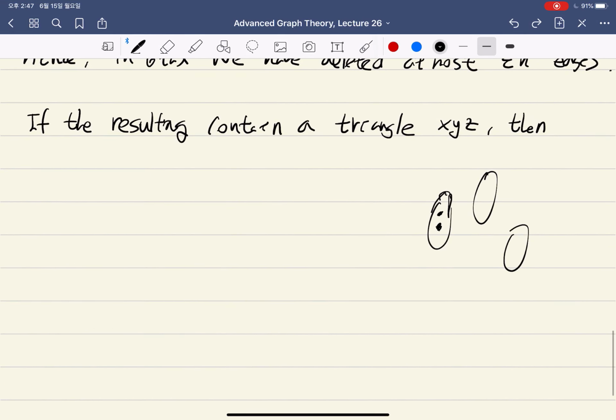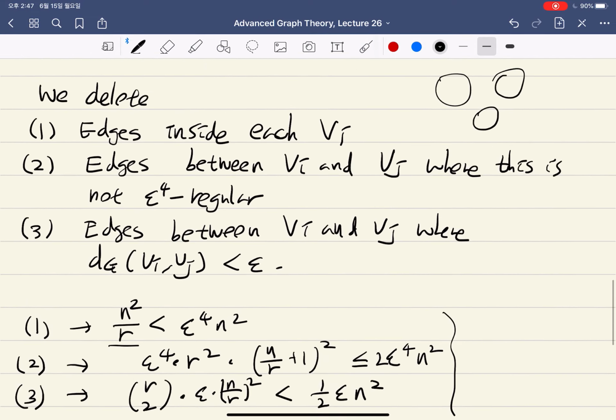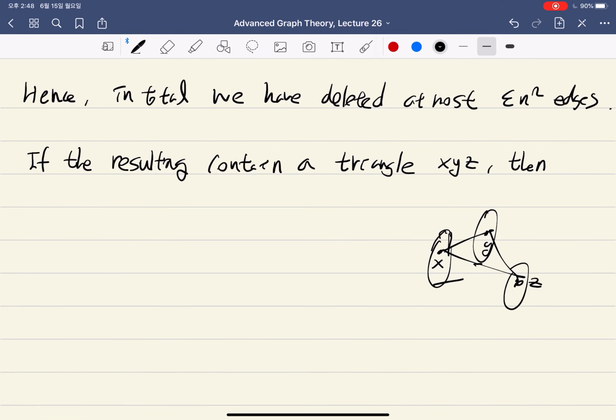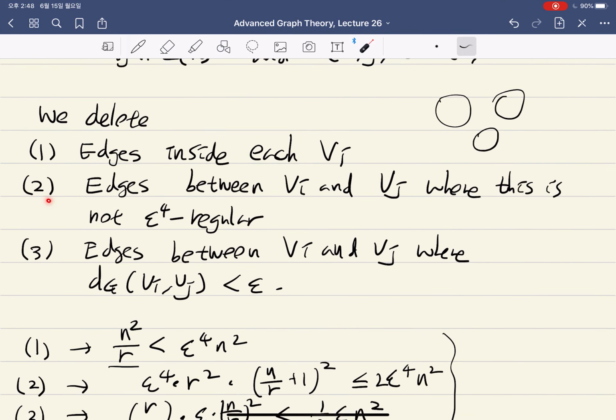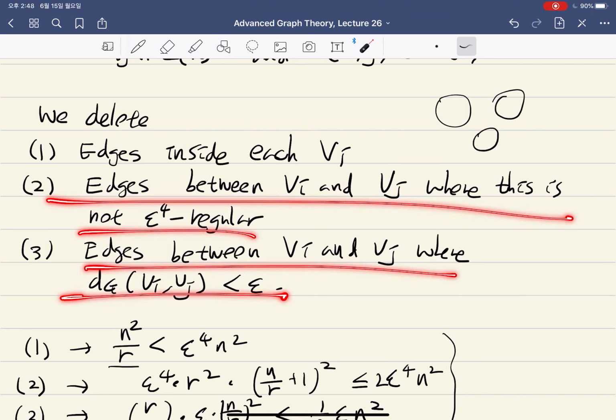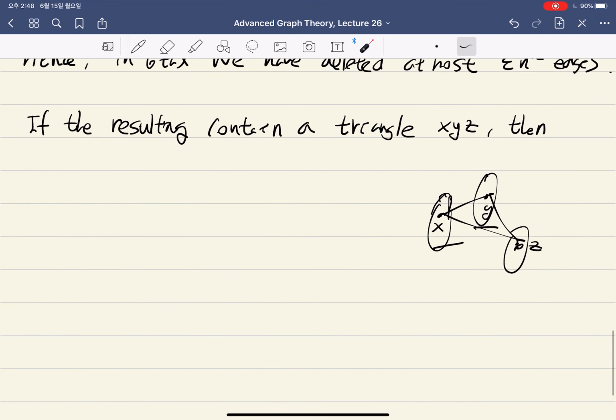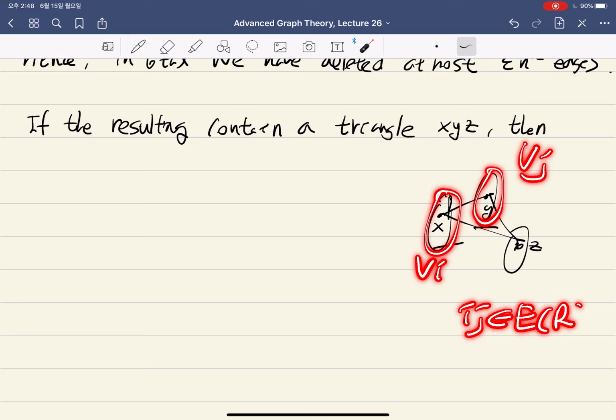So there should be three parts which contain x, y and z. And then if there is an edge between them, that means these two parts do not belong to one of these two cases. Otherwise, all the edges between them are gone. That means they are epsilon to the 4 regular with a density bigger than epsilon. Meaning that if this is Pi and this is Pj, then ij is inside of this reduced graph.